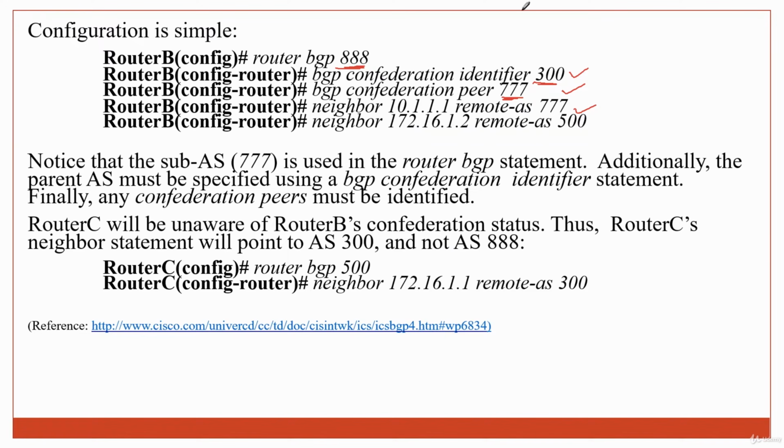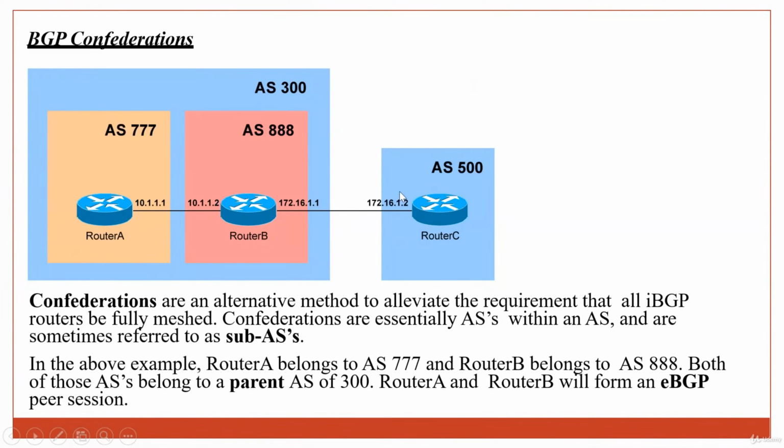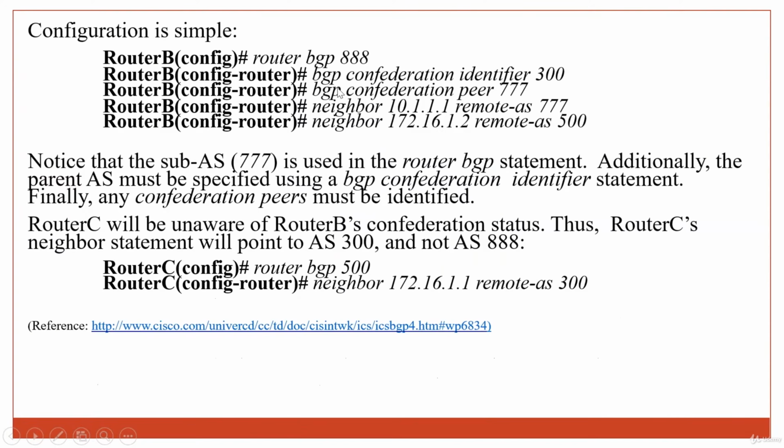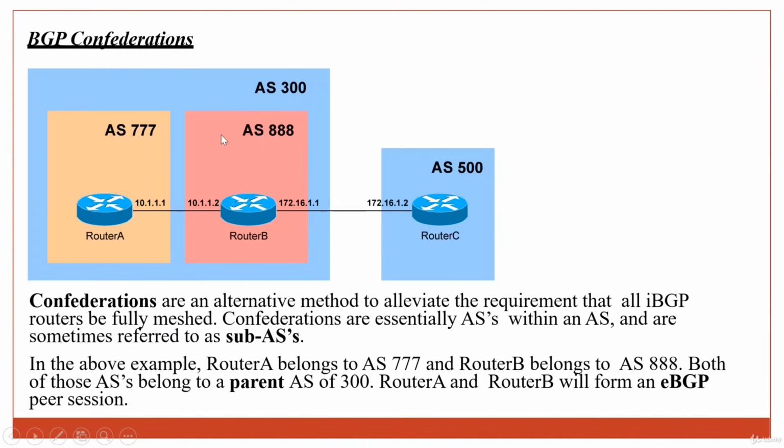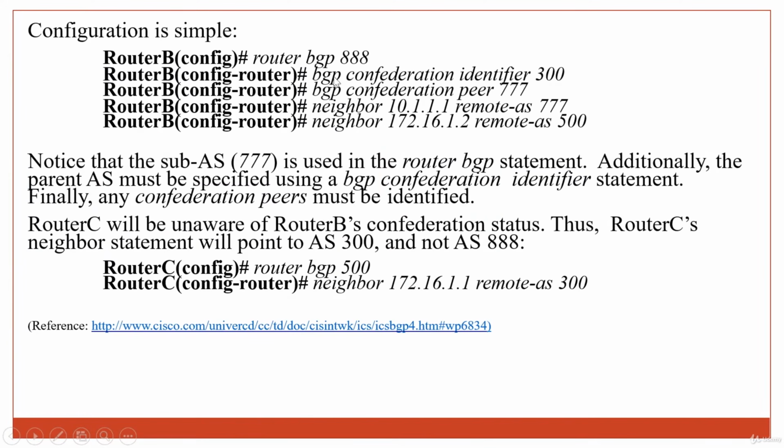If you go and check, you have to think that these are the eBGP peers, and inside that these devices can peer, but they are part of the main group, that is 300. So your 888 and 777 are part of the identifier 300. Again, you can see that the confederation peer is 777. So for him, he is the peer.